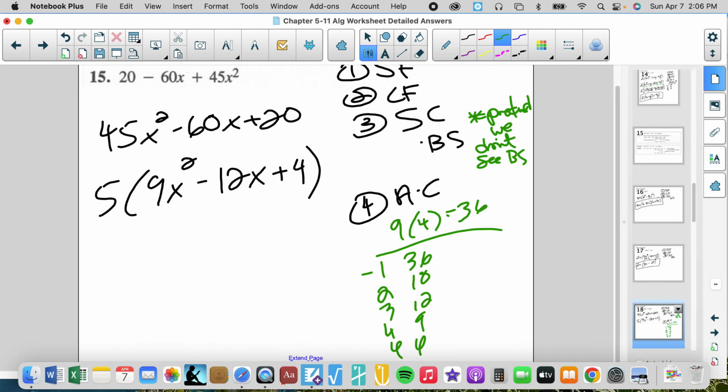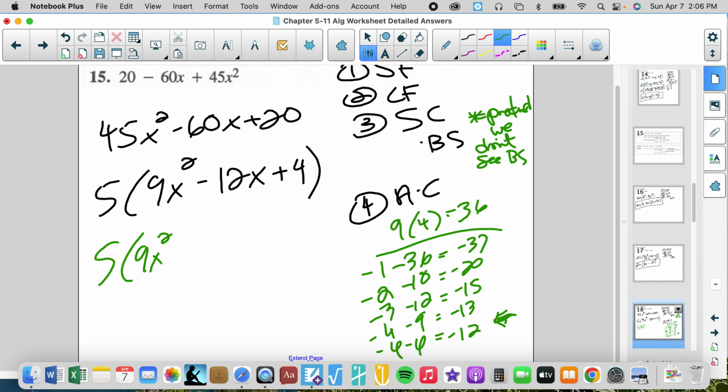Signs are the same, both are negative. So that's negative 37, negative 20, negative 15, negative 13, negative 12. This is my middle. That's equal to my middle, so we get 5 times the quantity 9x squared minus 6x plus 4.